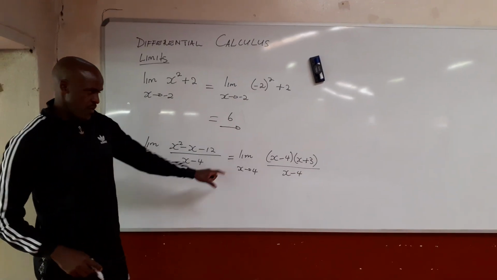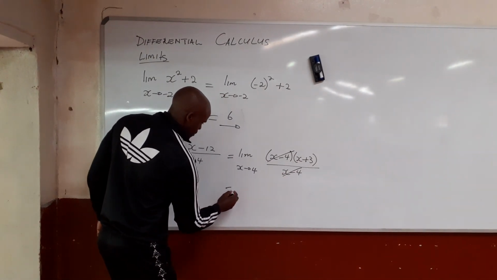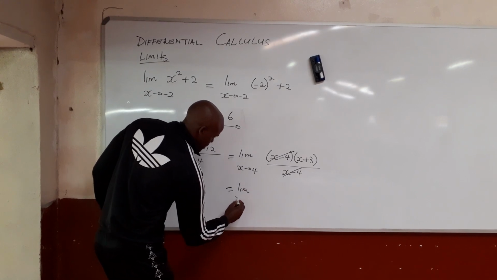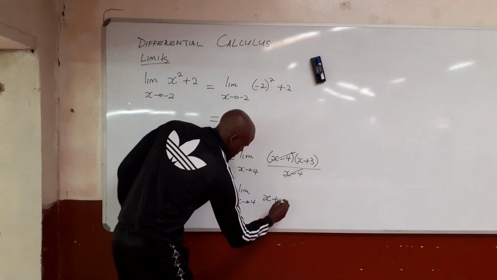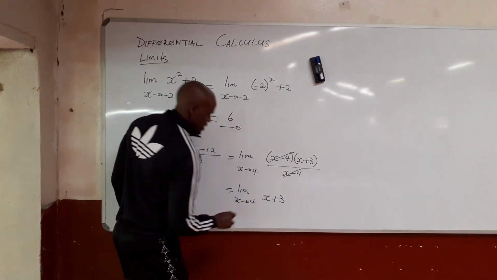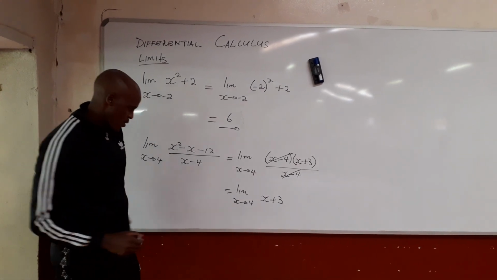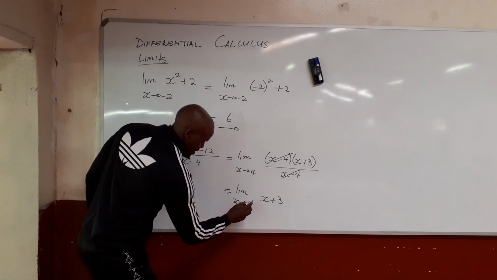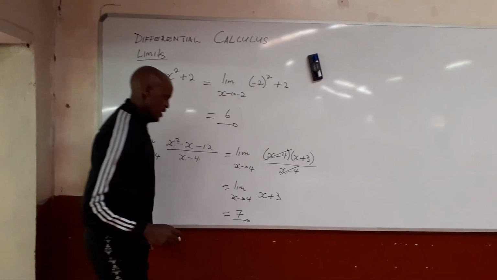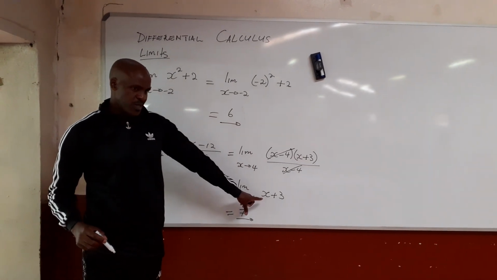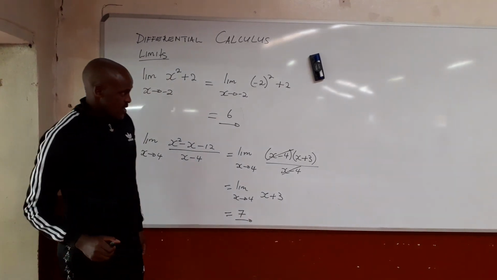This divides that, and now we are left with x plus 3. If x approaches 4, the answer will be 7, because it will be 4 plus 3 to give us 7.